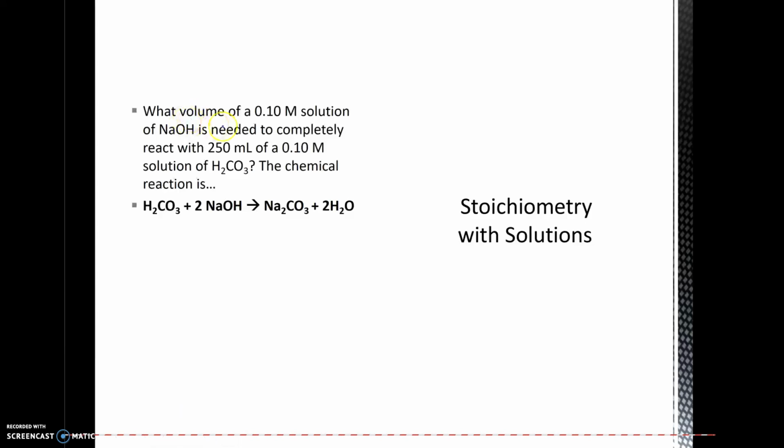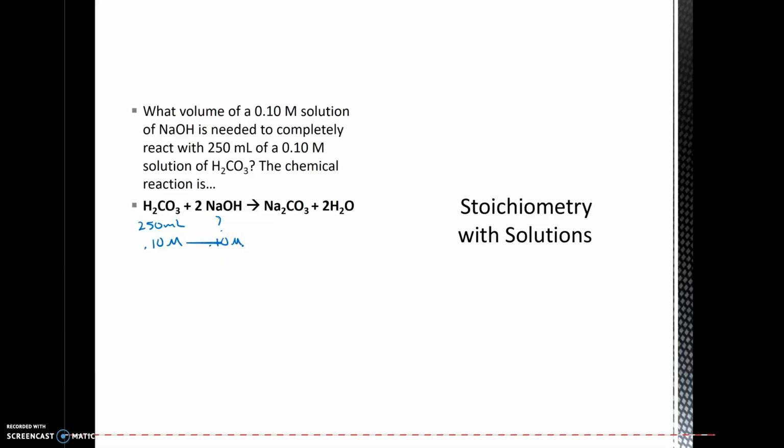So we're asked what volume, so we're looking for how much of this. And we know that we have 250 milliliters of a 0.1 molar solution of carbonic acid, and we're also told that this is 0.10 molar.